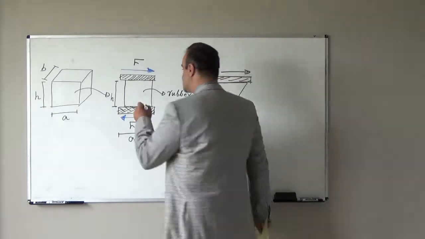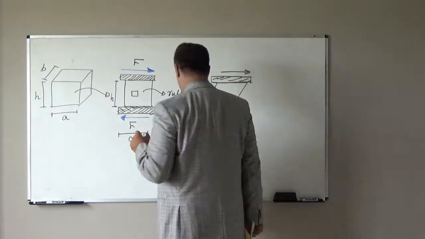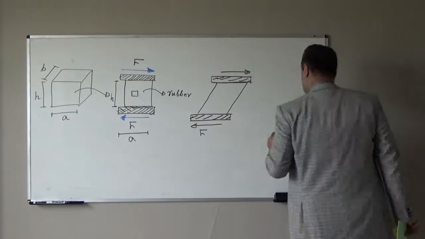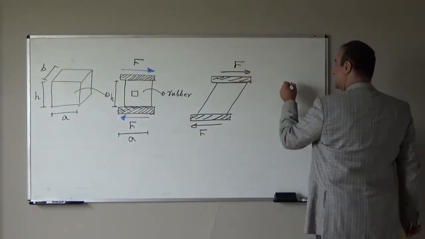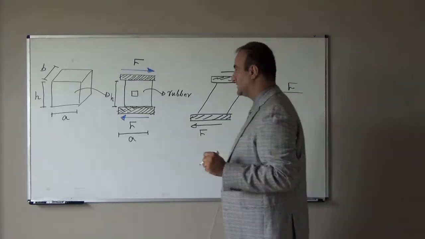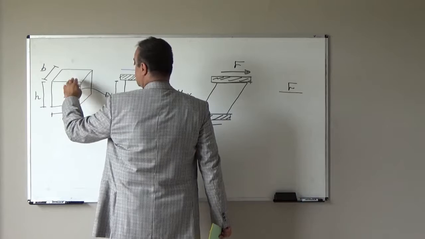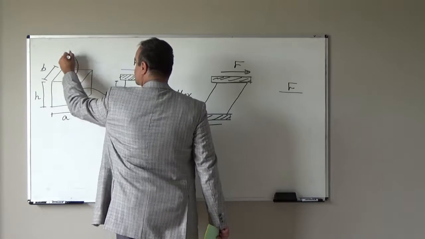If we assume a small square element here, the force F is divided by the cross-sectional area which is tangent to the force.